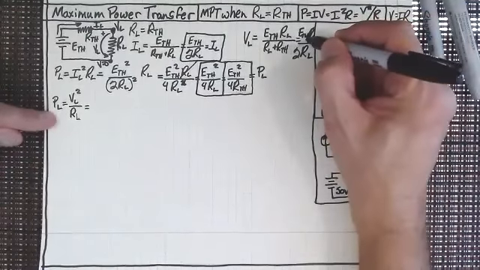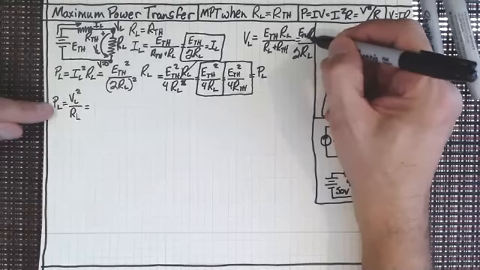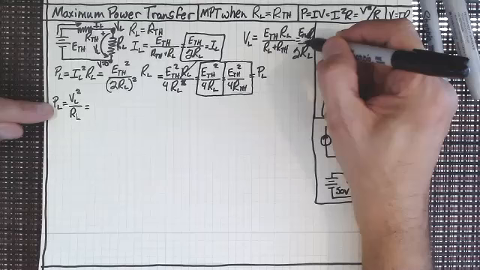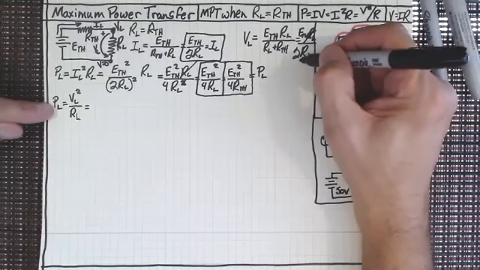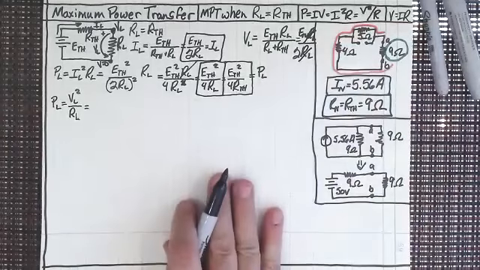So R sub L should cancel out with this R sub L, I'm thinking.